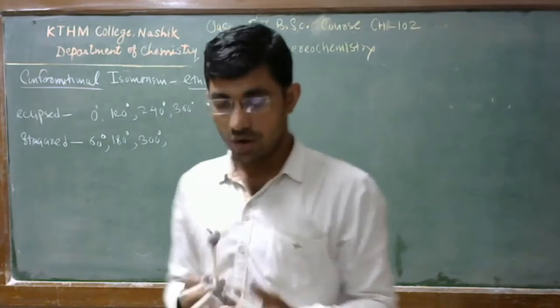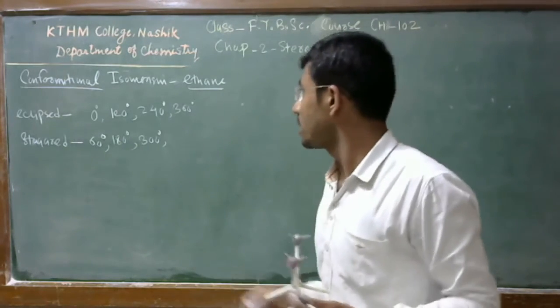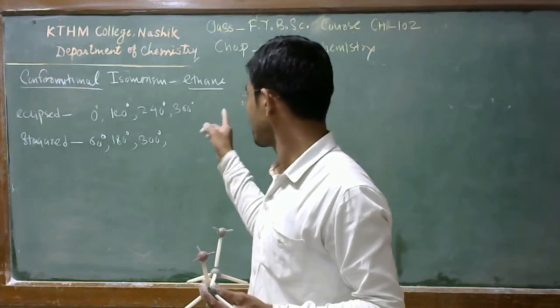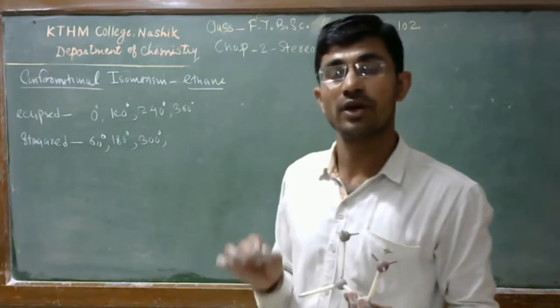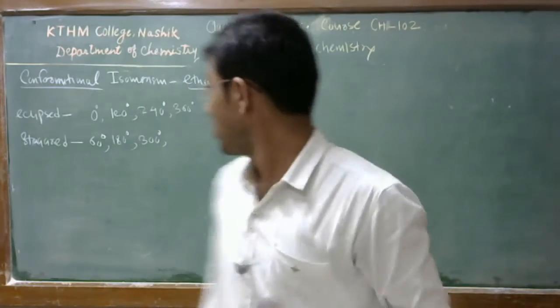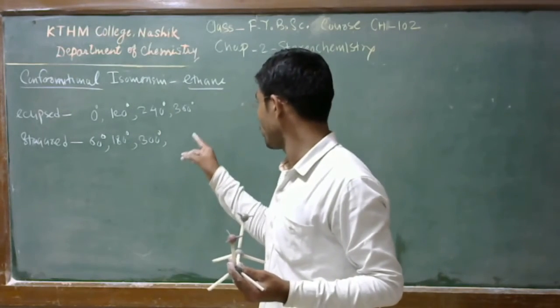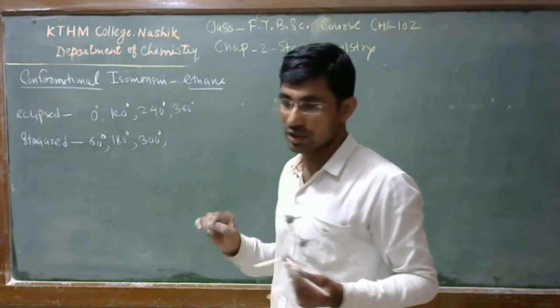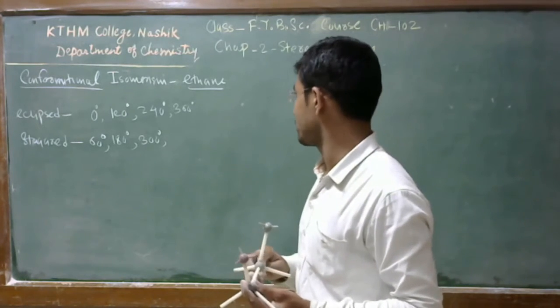So from this model we conclude that the eclipsed conformation in ethane occurs at 0, 120, 240 and 360, and the staggered conformation at 60, 180 and 300.